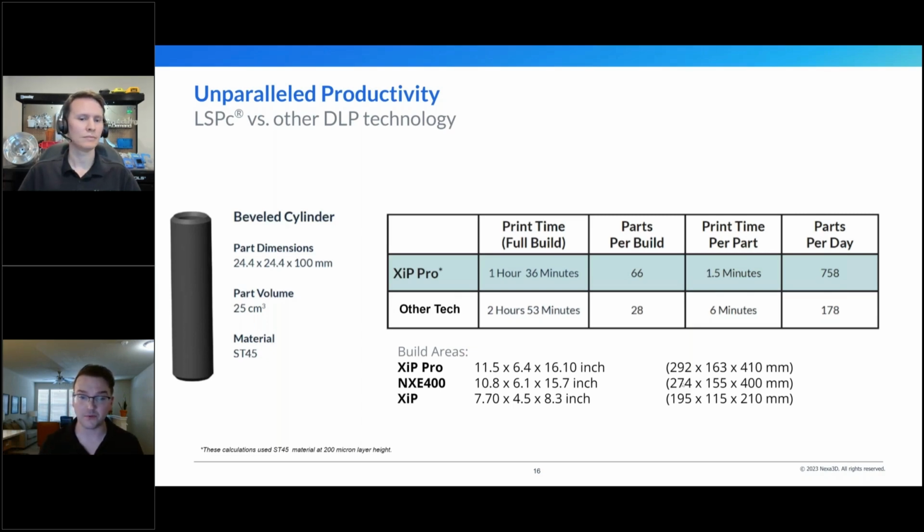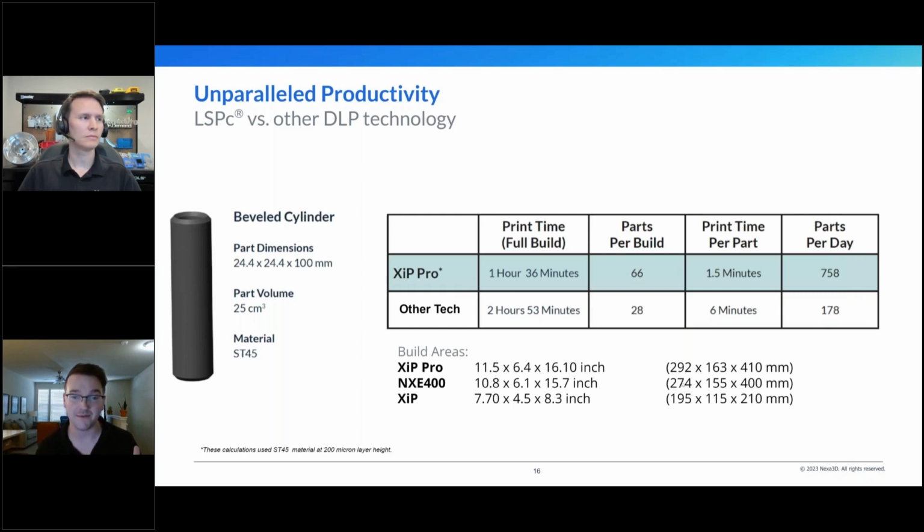This on the Zip Pro would print an entire build, basically one layer of parts, not leveraging the full height of the Z-axis, which we can do too, in 1 hour and 36 minutes. On that build plate, again leveraging that scalable LCD technology, we can fit 66 parts on the XY build plane of the platform.